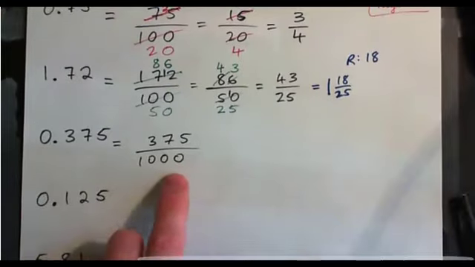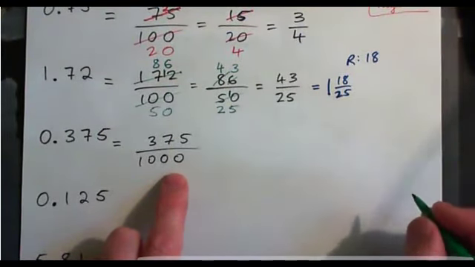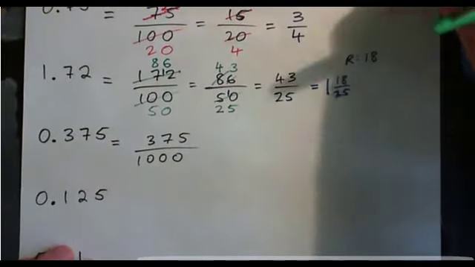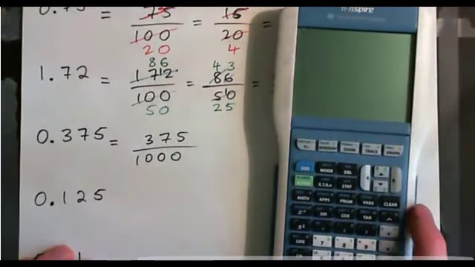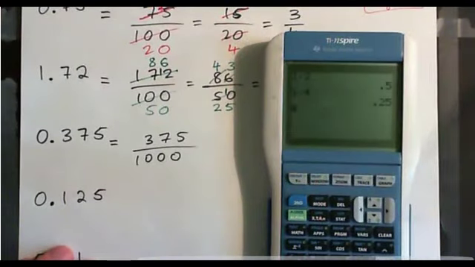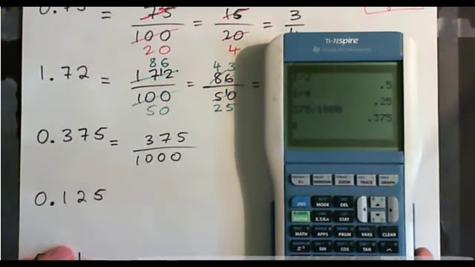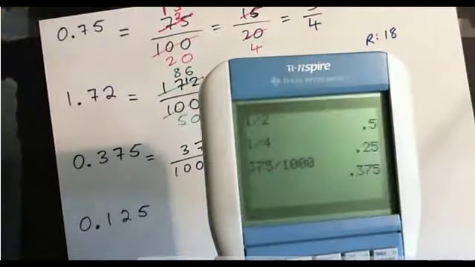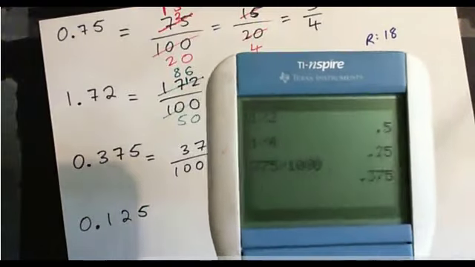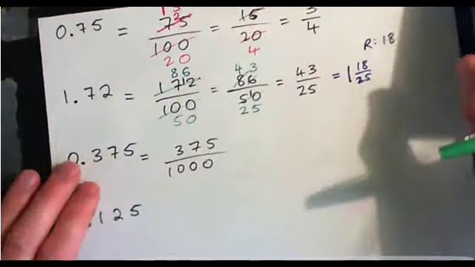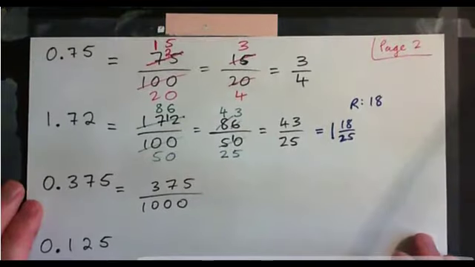Just plug 375 divided by 1000 into your calculator to check it. Press enter. 0.375, right? Let me show you that. See that? Okay, so in any case, that's the fraction.